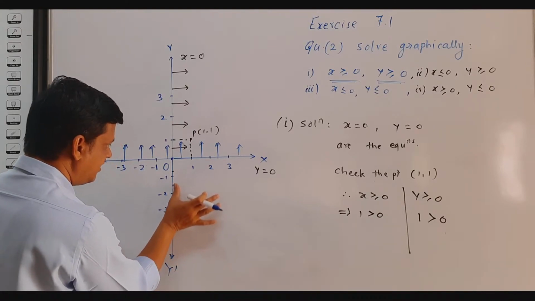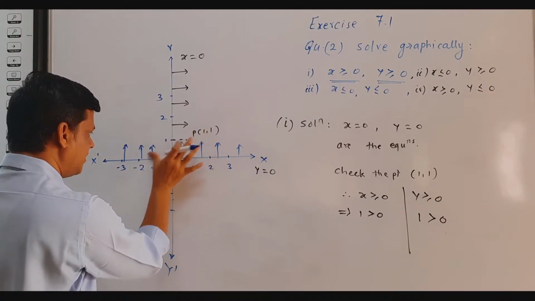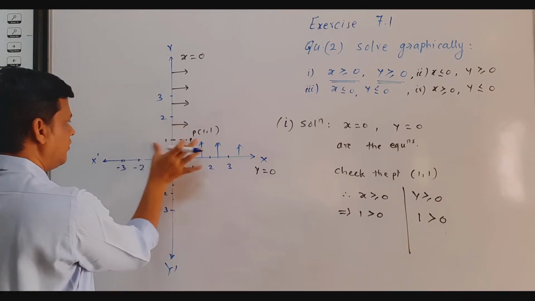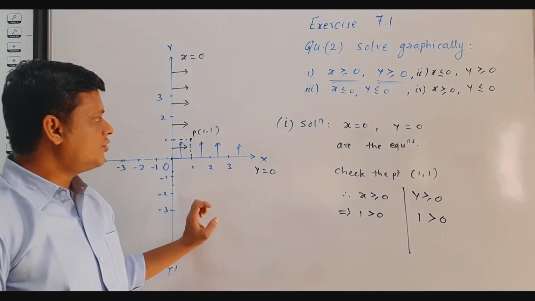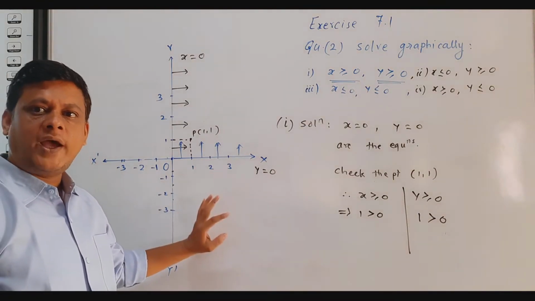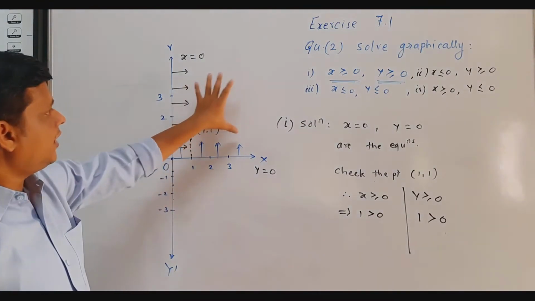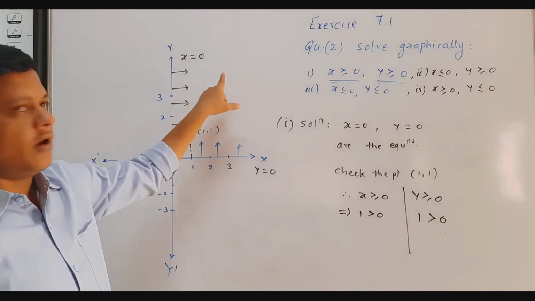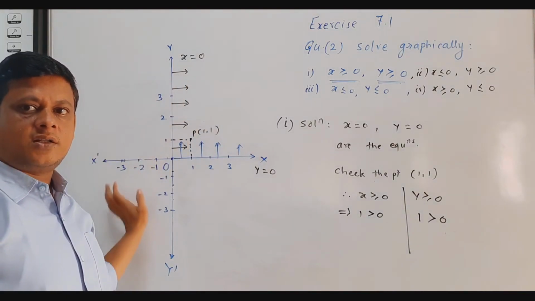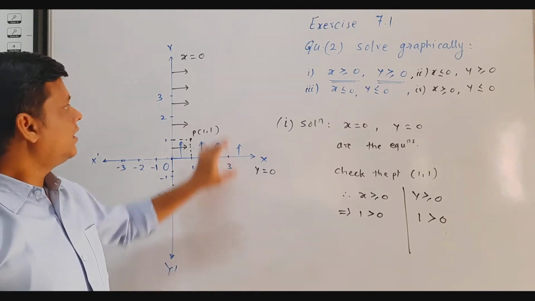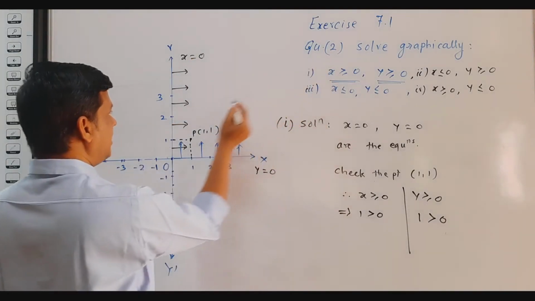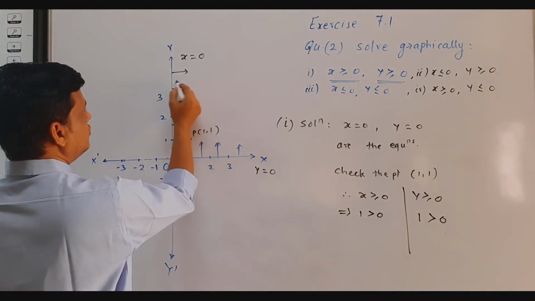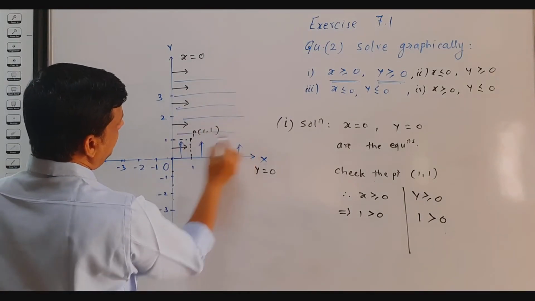I shaded for your convenience first. So while drawing the graphical solution, you take one or two arrows, and then when you conclude that the quadrant is first, second, third or fourth, then you shade that quadrant. So we get the graphical solution in the first quadrant, so we shade the first quadrant.